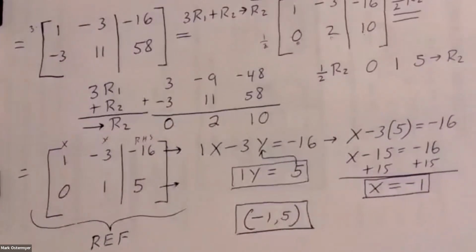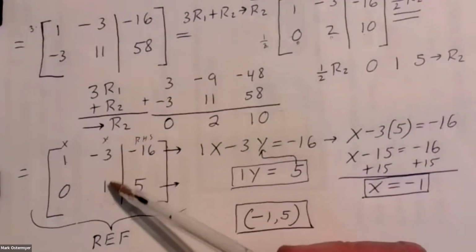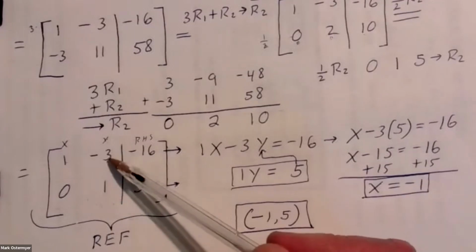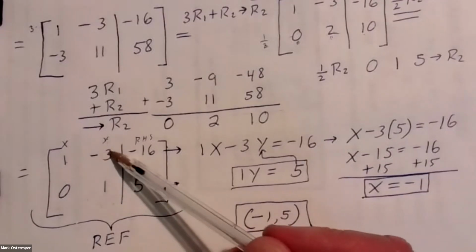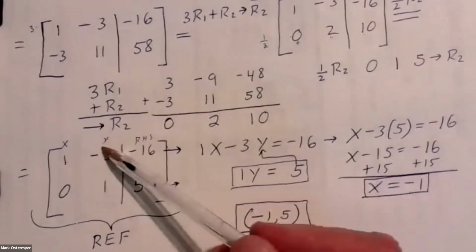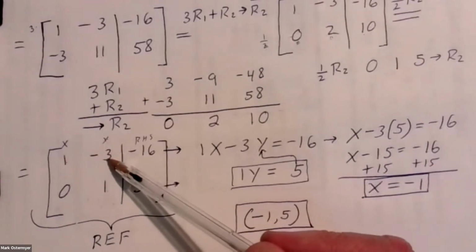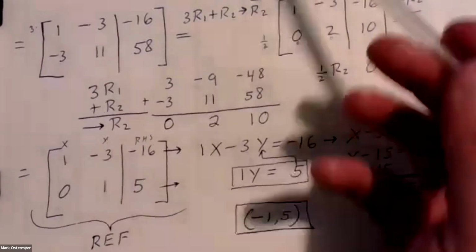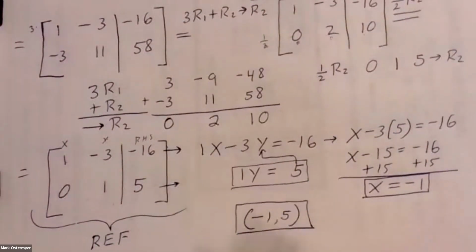What's the only other move I've got to make? Get the -3 to 0. That's right. This -3, which is above the leading one of row 2, has got to become 0. This must become 0 for this matrix to be in reduced row echelon form. That's the only other move we've got to make, and we will have basically solved this using the Gauss-Jordan method.